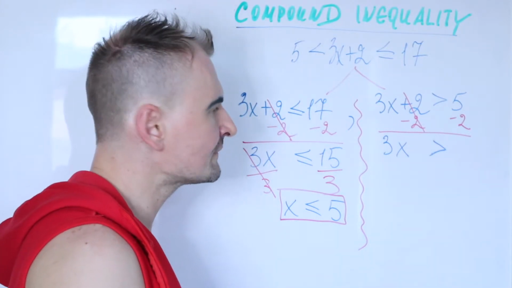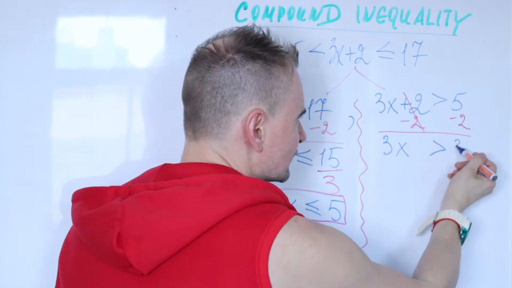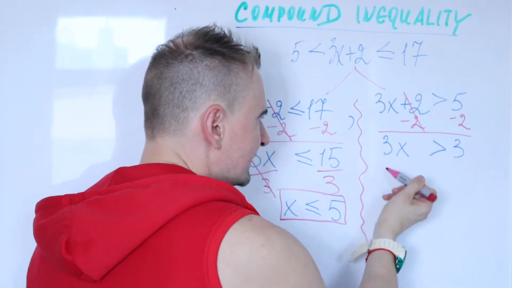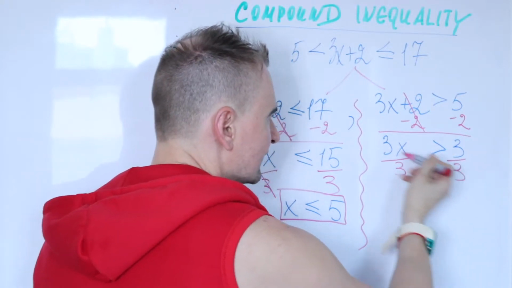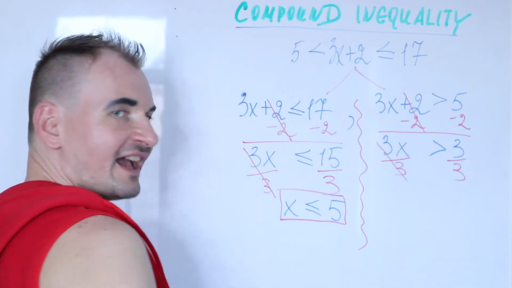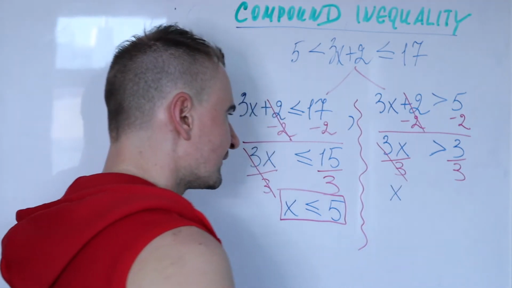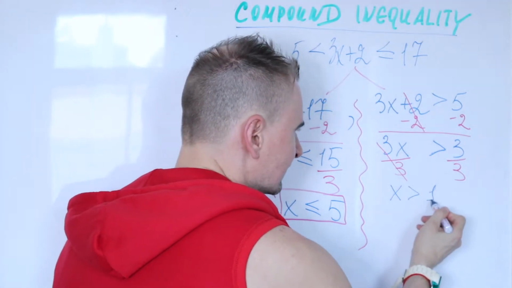So it's unaltered. Since 5 minus 2 gives you just 3. And the final step, by dividing by 3, we want to isolate our x, get it alone on the left side. So it comes out to be x greater than 1.